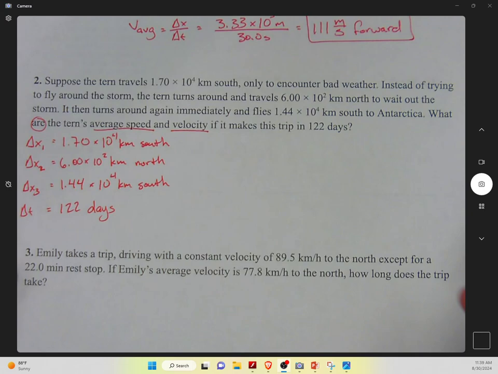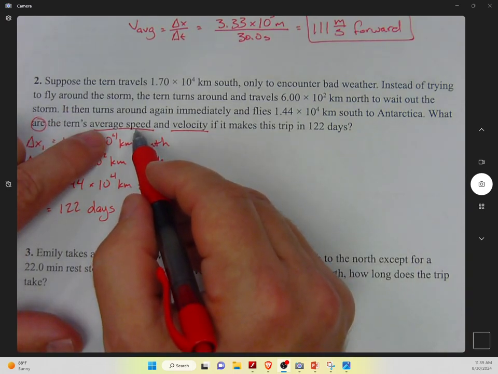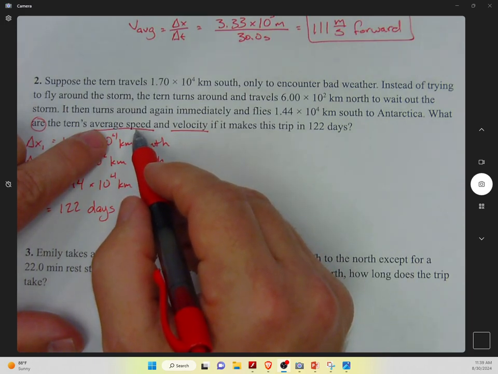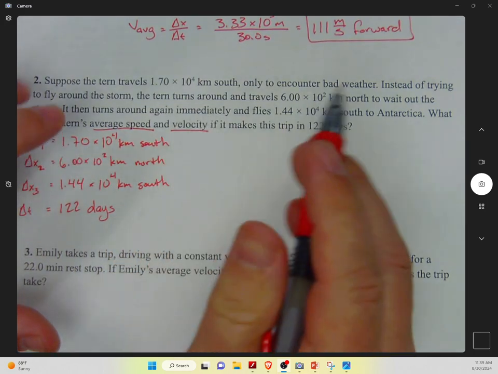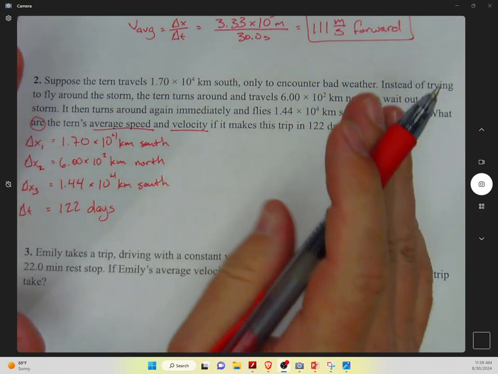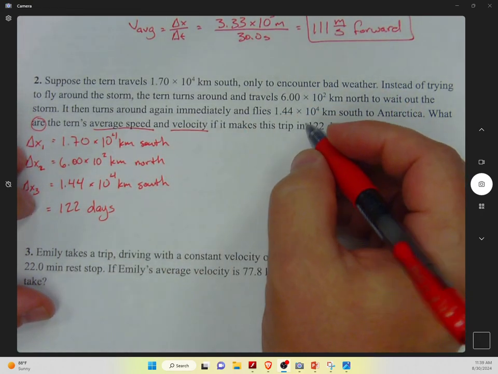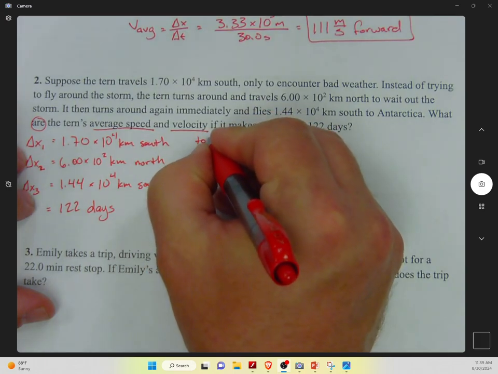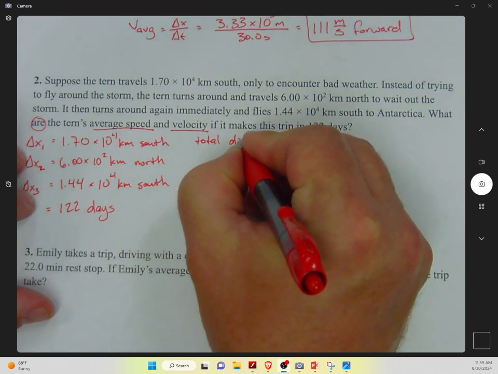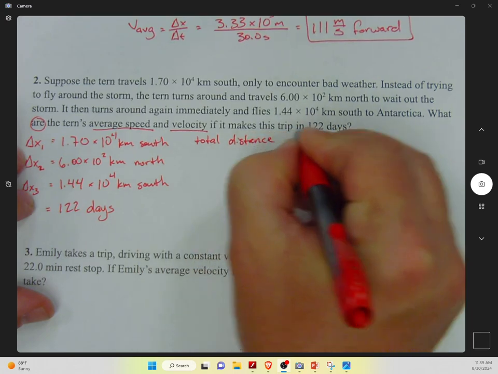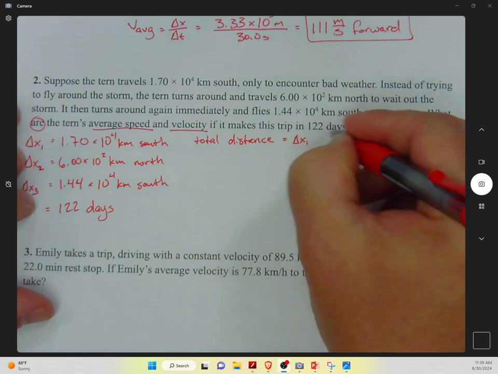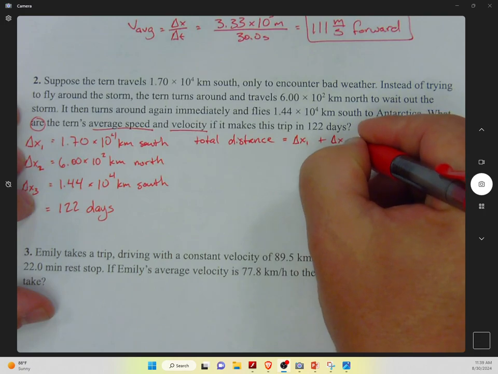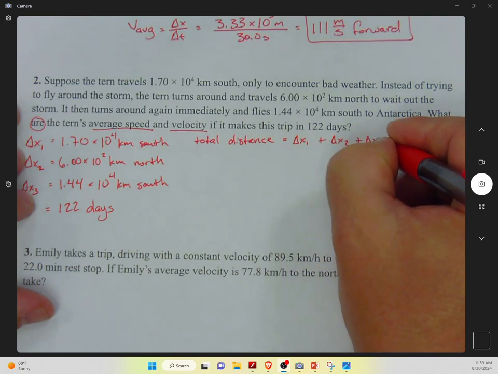Okay. Now, if I'm going to find out the average speed, I'm not going to use the directions. Okay, I'm not going to use south, then north, then south. It's total distance traveled for speed. So my total distance traveled is going to be delta x1 plus delta x2 plus delta x3.